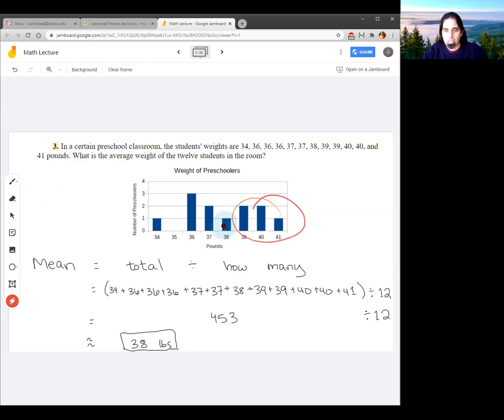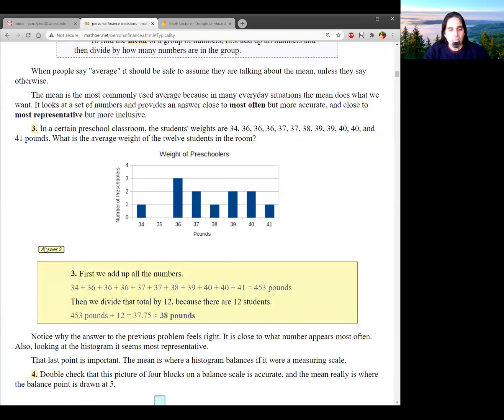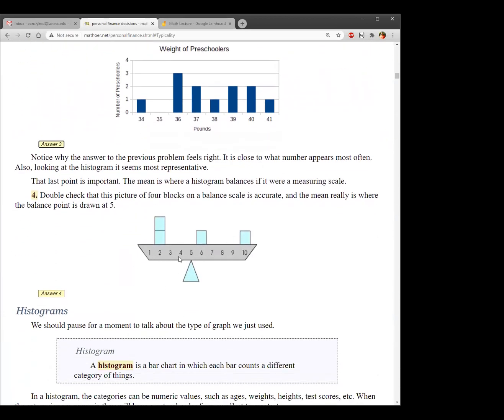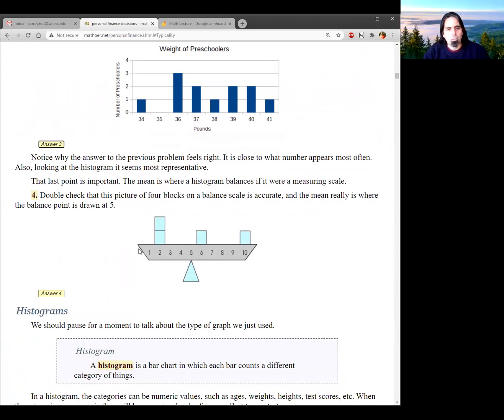The stuff on the right is balanced by the stuff on the left. Or another way to say it is if I made one of those old-fashioned teeter-totter balance scales, then it looks like it might balance there. So that's what this picture is saying. Where a balance scale works is the mean, this type of average.